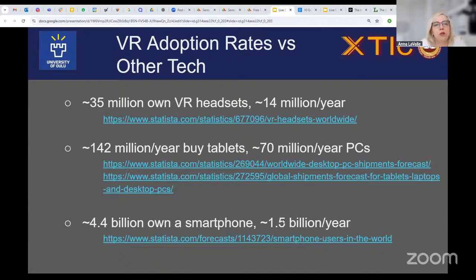And then you look at the phones, and we have 1.5 billion smartphones sold a year, right? So these numbers demonstrate that VR headsets are a niche and not really a mass market device, right?